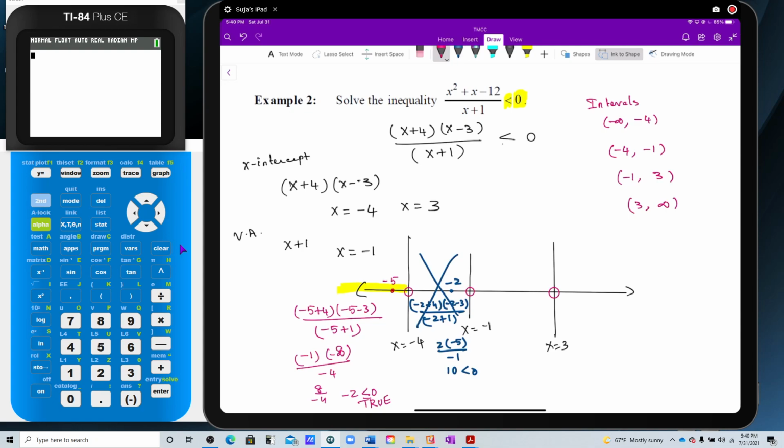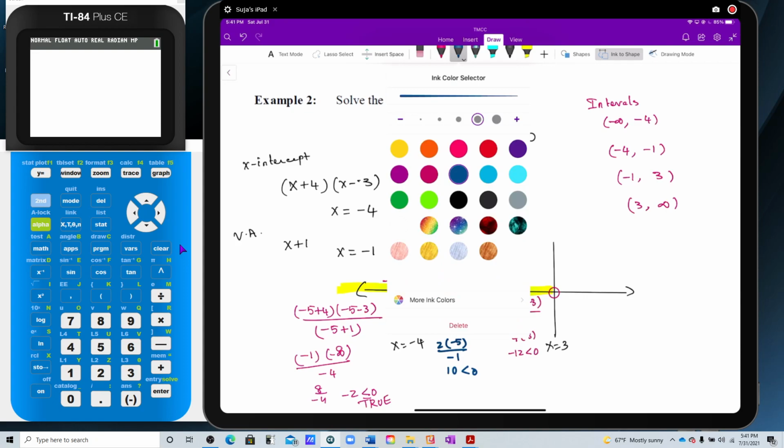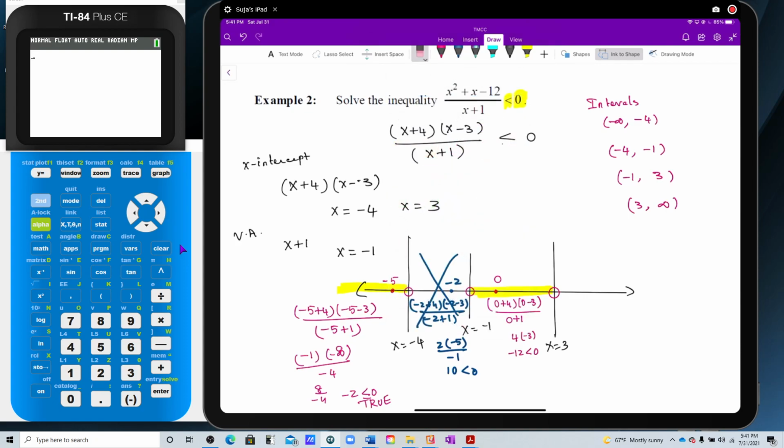Now the third one, pick a test point here. I'm going to pick the point 0, because if this is negative 1 and that is 3, 0 will be here. So 0 plus 4 times 0 minus 3 over 0 plus 1. 0 plus 4 is 4. 4 times negative 3 is negative 12, over 1 is negative 12. That is less than 0, which is true, so this piece is my solution too. Again, repeat the same thing for the right-hand side of 3.